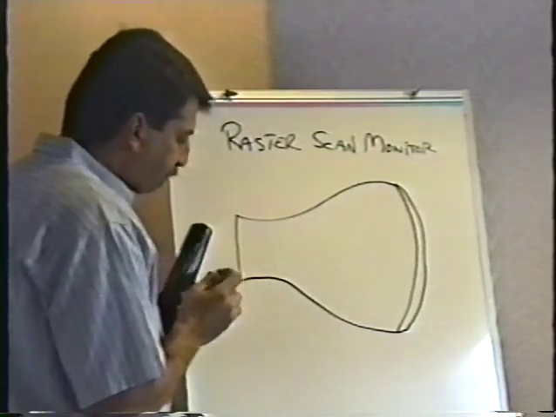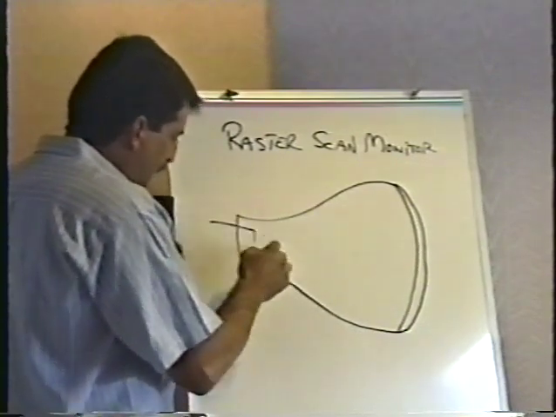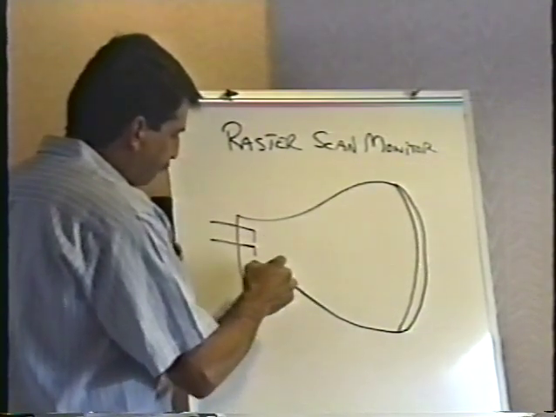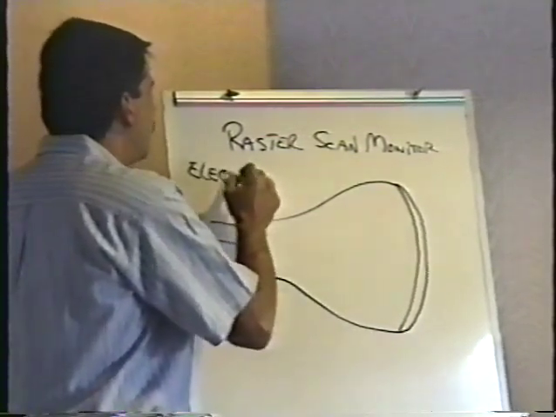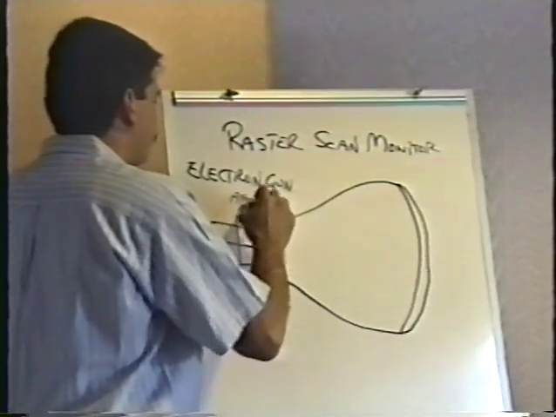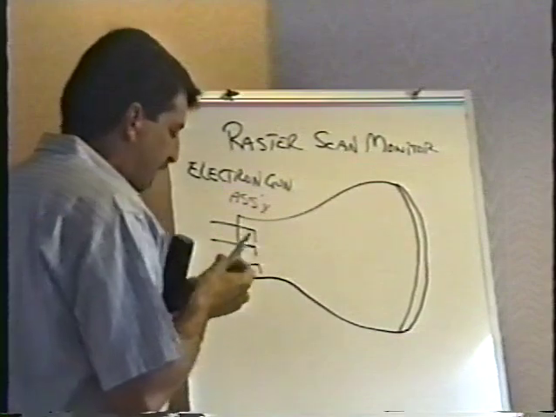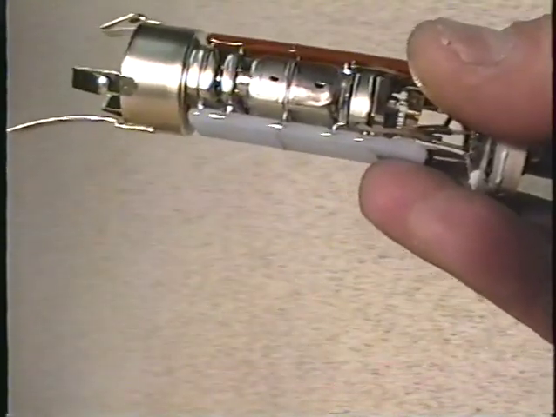Down in the neck of the picture tube, we have something that on the schematic diagram looks like this, and it's called the electron gun assembly. And I have an electron gun here that I can show you.